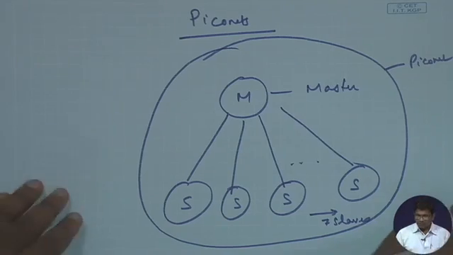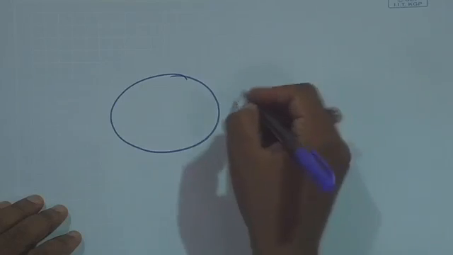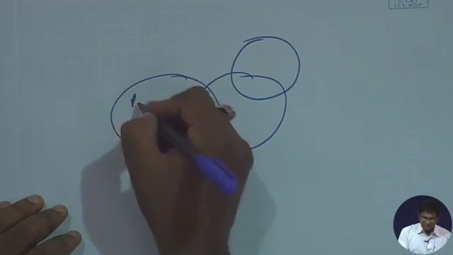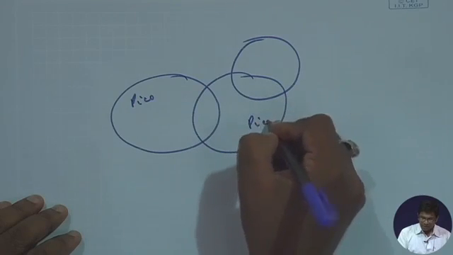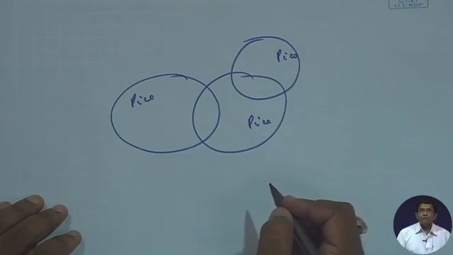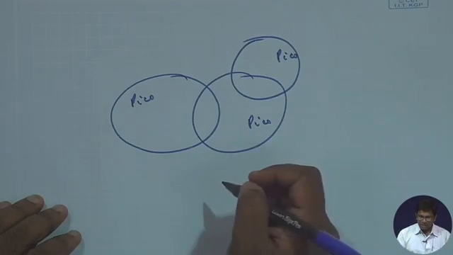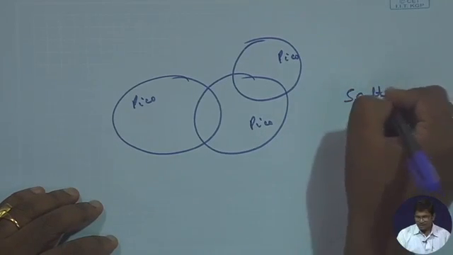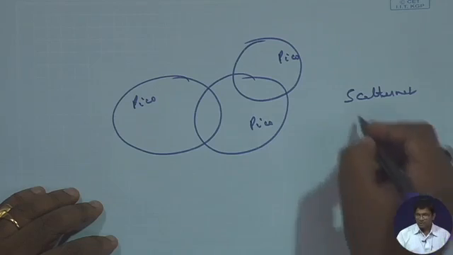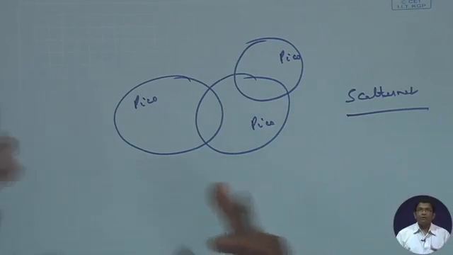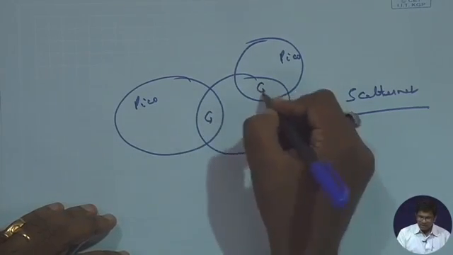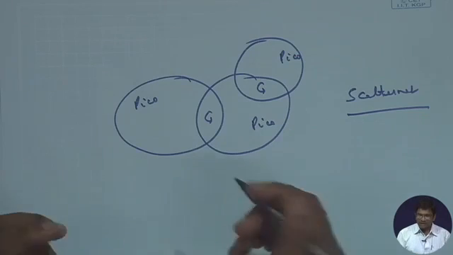Okay. Now, we have one piconet, another piconet, and a third piconet. So, we have 3 different piconets, and all these piconets put together are known as a scatternet. This is the concept of a scatternet. In a scatternet you have several piconets working together, and these piconets talk to each other via gateway nodes.